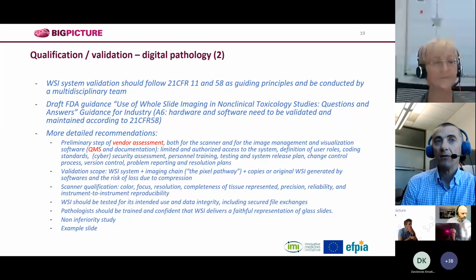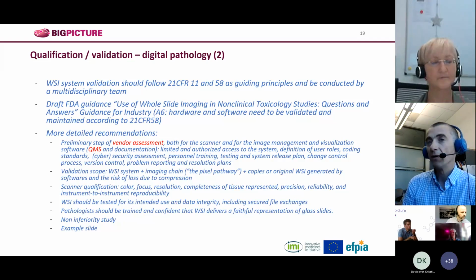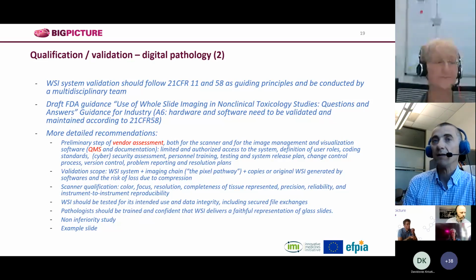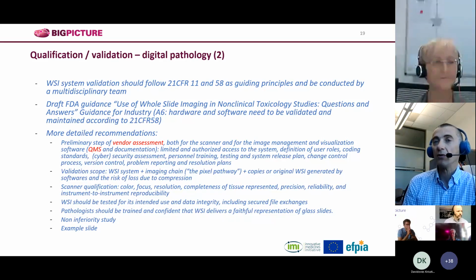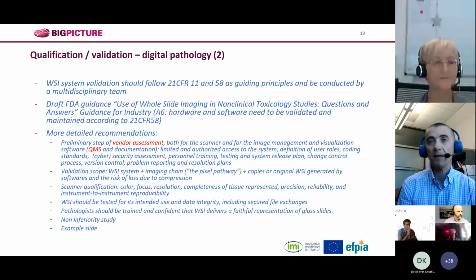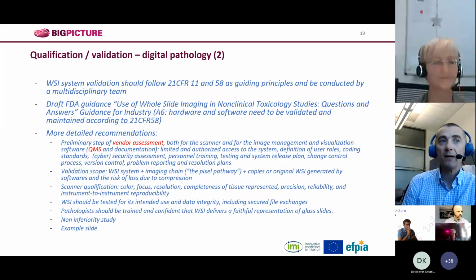So in particular, what is the access looking like? Who has access? Who is the user? How the roles are defined? Again, the thought behind is to make sure that we have no unauthorized users who might be in a position to modify the data. What are the coding standards? What about the security? What about the penetration to the system?